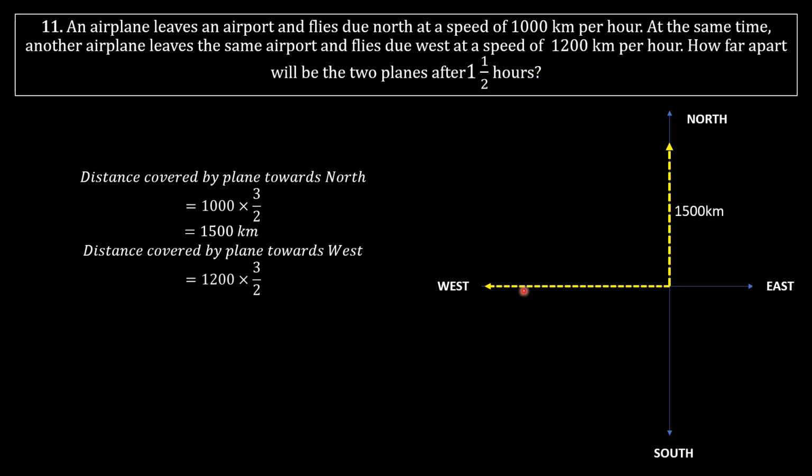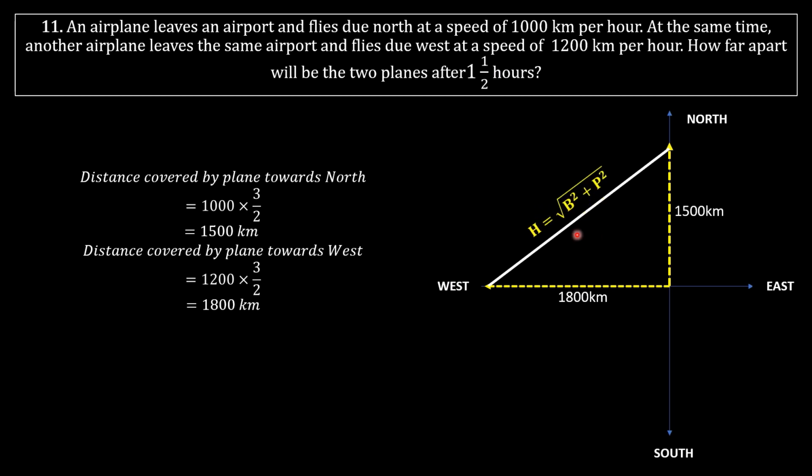Similarly, the distance covered by the plane towards west: the speed is 1200 kilometer per hour, so in 1.5 hour it will cover 1200 into 3 upon 2, that is 1800 kilometer. Towards west it is 1800 kilometer. See the figure we are getting here: if we need to find the distance from here to here, this again comes out a right triangle.